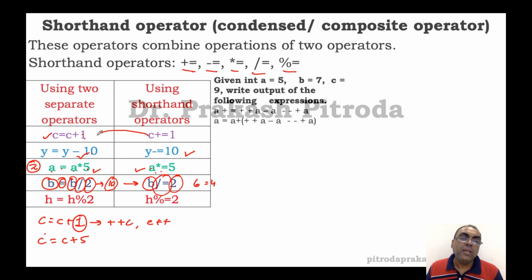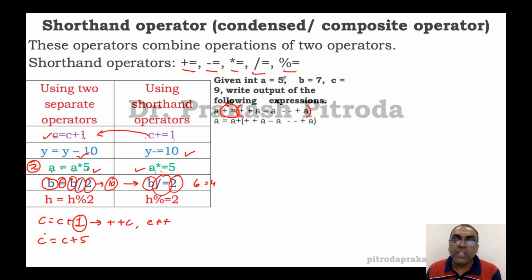I go reverse and I say c += 1 is same as c = c + 1. Similarly, a += everything. This is whole 1. So a += this means a = a + this whole bracket. So I'm going to expand this, and then you apply a value from the left-hand side.